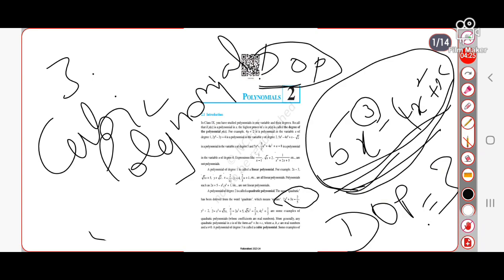The highest degree is 3 over here, so that comes under a cubic polynomial. These facts are studied in our lower classes too. Now we move further into this chapter.